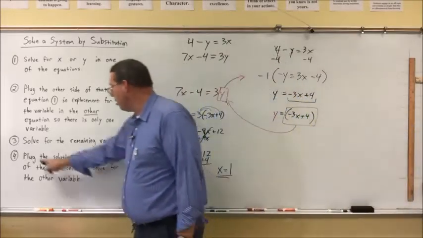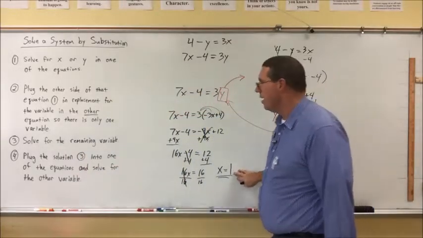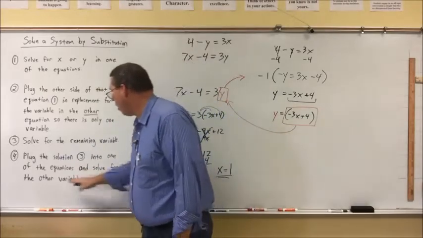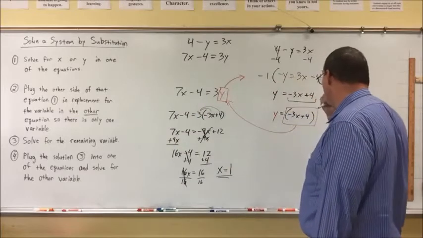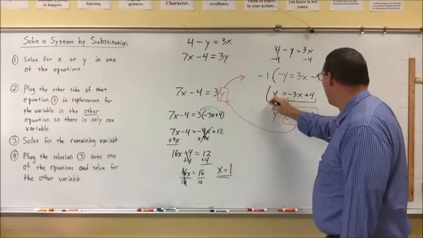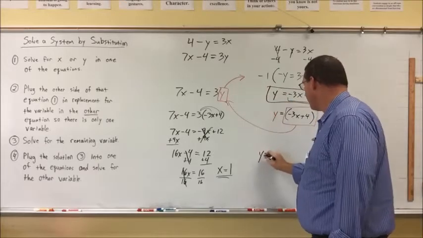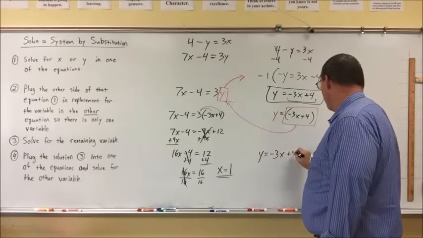Step 4 says plug the solution from step 3. Well, this is my solution from step 3. Into one of the equations that we started with and solve for the other variable. The other variable would be y. Now, one of the things you can do is go back up to your y equals solution, and you can use that. So I'm going to bring down y is equal to negative 3x plus 4.